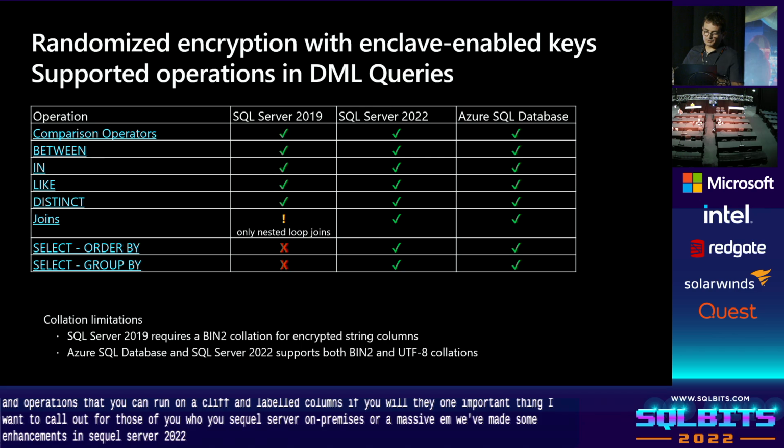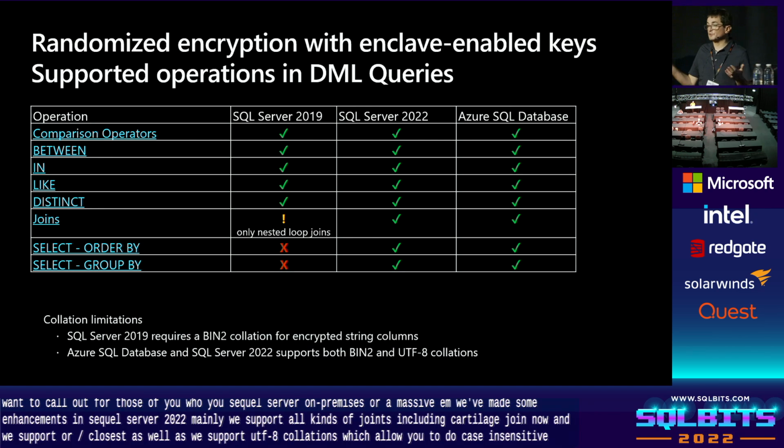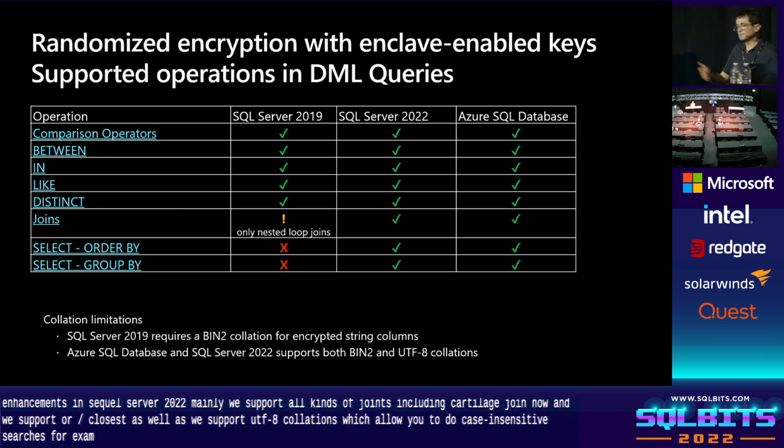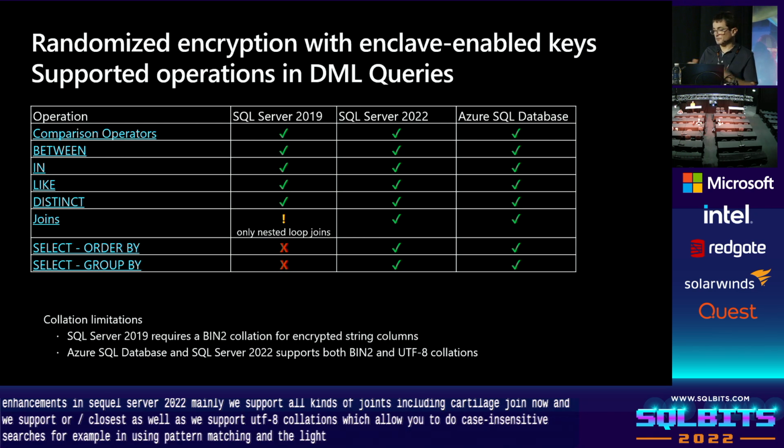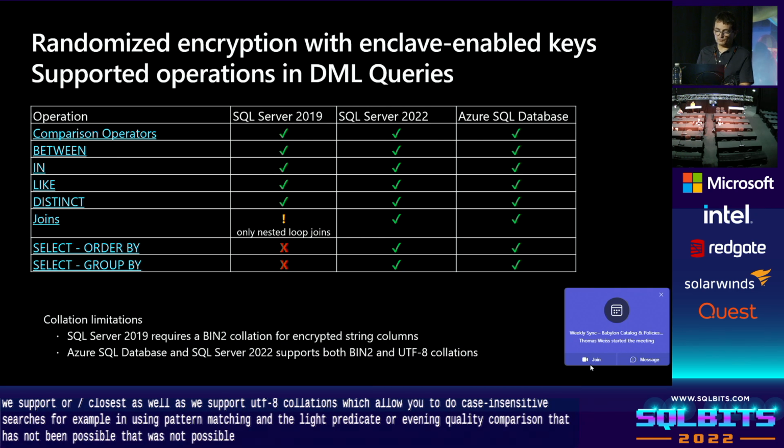Mainly, we support all kinds of joins, including hash and merge joins now, and we support ORDER BY and GROUP BY clauses, as well as UTF-8 collations, which allow you to do case-insensitive searches. For example, using pattern matching and the LIKE predicate, or even equality comparison. That was not possible in SQL Server 2019.